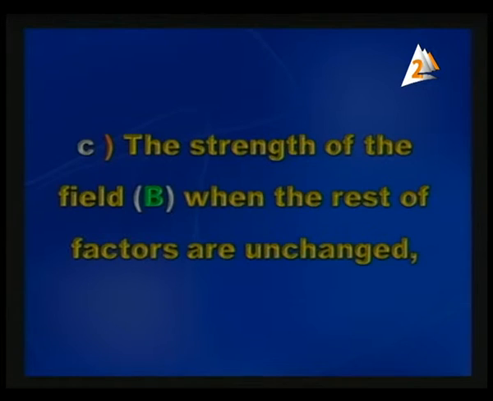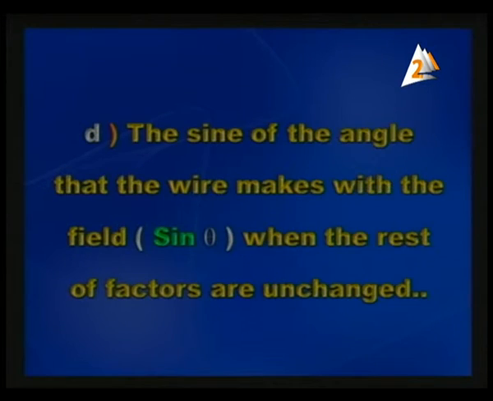Also, the third factor is the strength of the field, the magnetic flux density, denoted by B. And of course, we keep the other factors unchanged. And the last factor is the sine of the angle that the wire makes with the field, sine theta, the angle between the field and the wire.